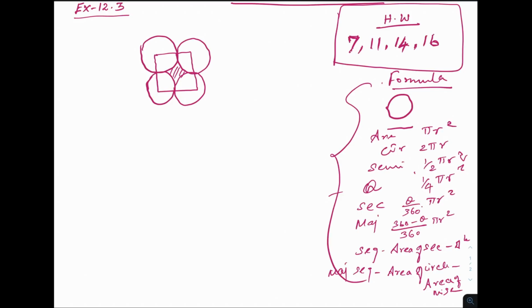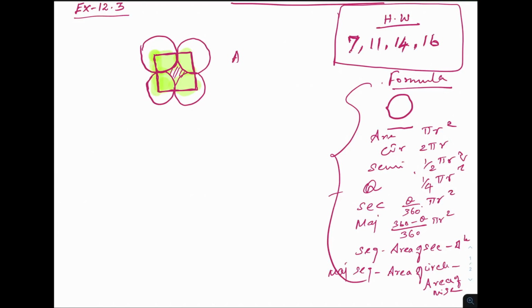So what we need to do is find the area of a square minus 4 into area of quadrant. We need not think about the circle here, only the quadrant. So if we subtract these 4 quadrant areas from the square, we'll get the shaded region.